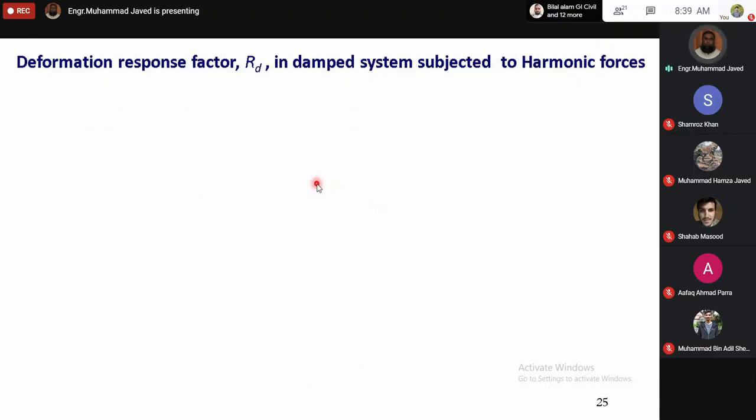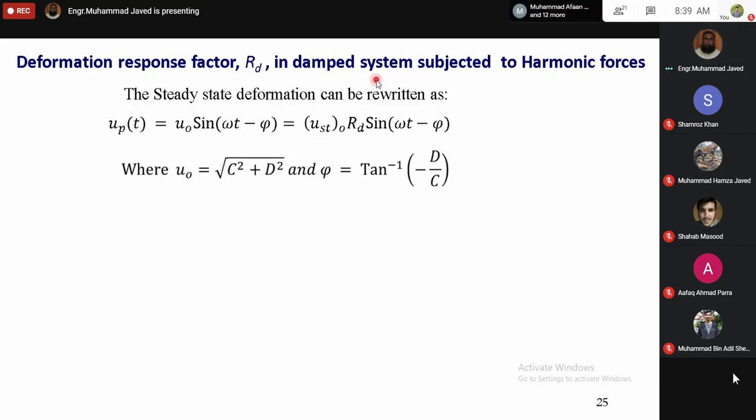So in this lecture, in this slide, once again we will discuss deformation response factor, but in damped systems. So the steady state response can be written in this form: u_p(t) = u_st0 × R_d × sin(ωt − φ).